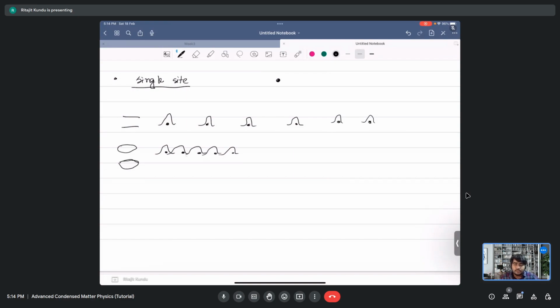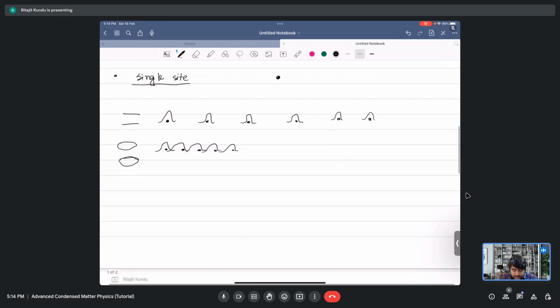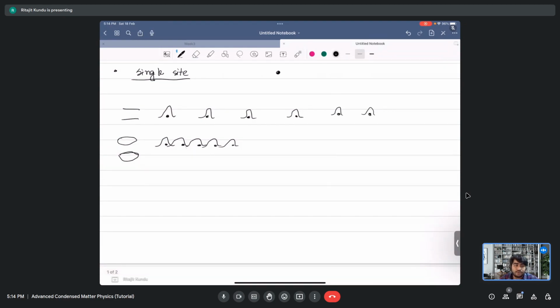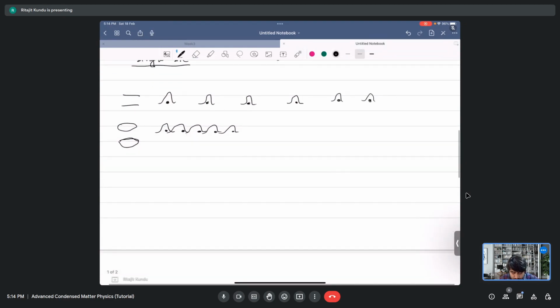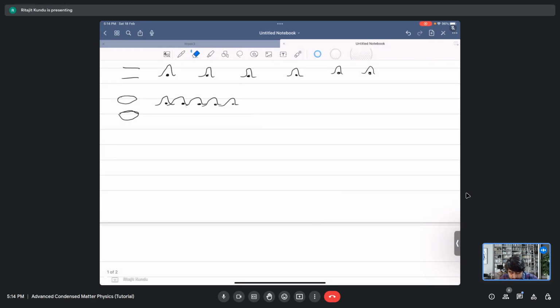So to understand any kind of physics in the Hubbard system, we are thinking about a single site model. That also means that we are neglecting all sorts of hoppings in between. That is the basic motivation to study the single site physics. When you have a single site, the Hubbard model is very simple.